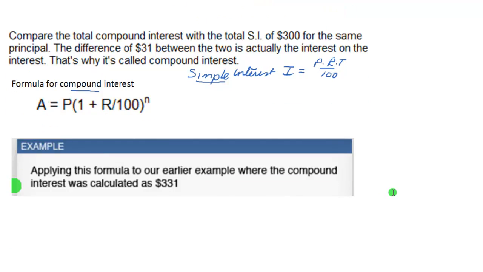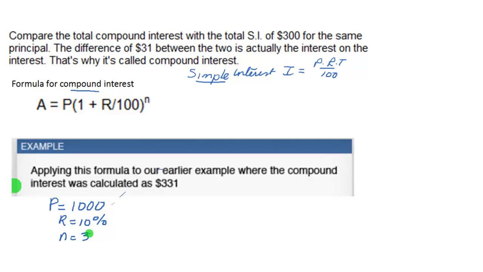So let's actually apply that. P, the original principal, was 1,000. So you do use your original principal in your formula for compound interest. R is 10%. And then N is 3 because we compounded yearly for 3 years, right?